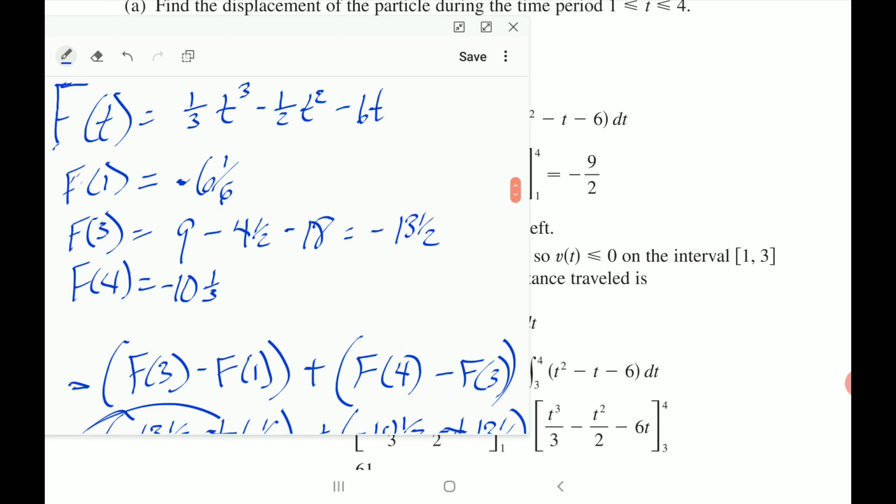So negative 6 and 1/6, we're good there.